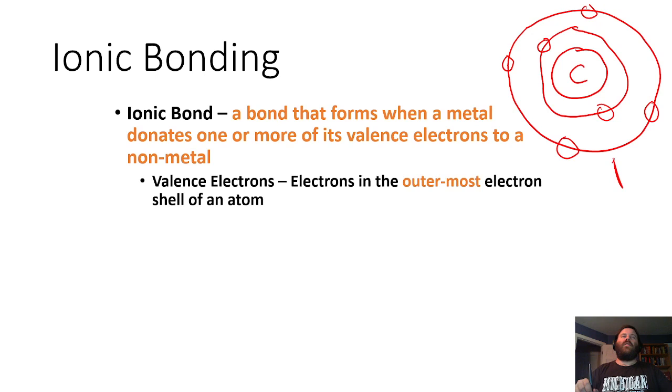This outer orbit, also called a shell, is where the valence electrons are. So in the case of carbon, you would have 4 valence electrons, all right?